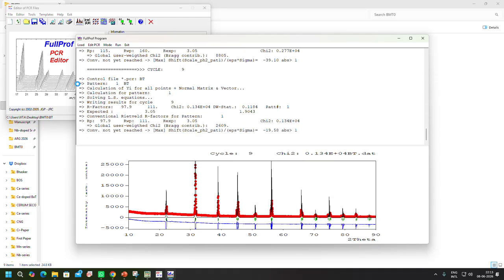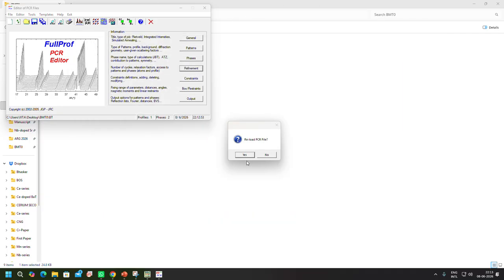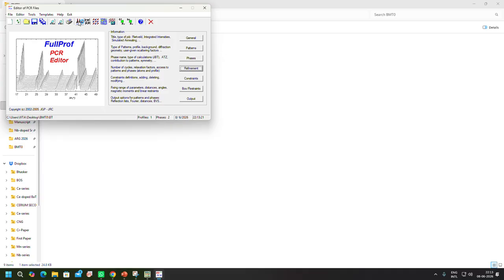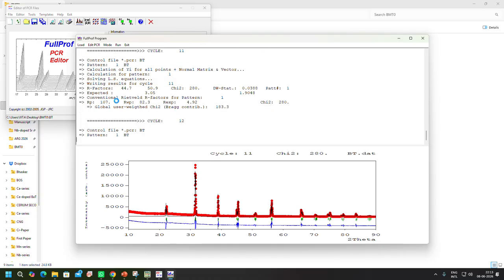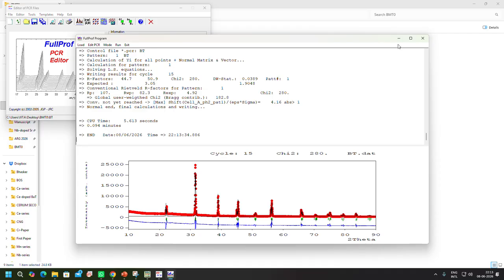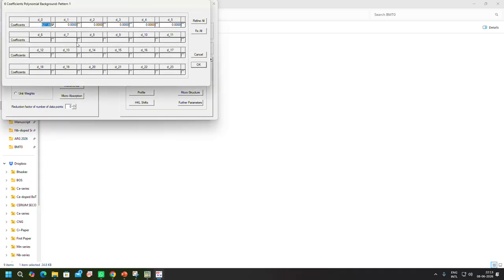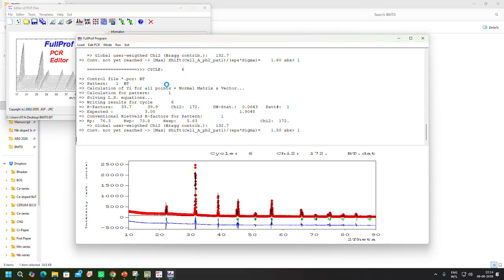Okay, so now you see here how your chi-square reduces, and then you go to first refine the background file. So one by one you choose the background file and refine. Okay, so now you just choose refinement one by one. So here you see the differences.